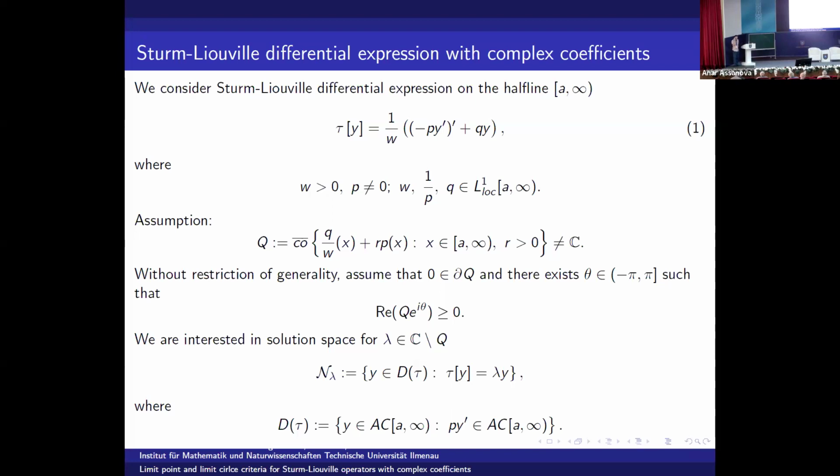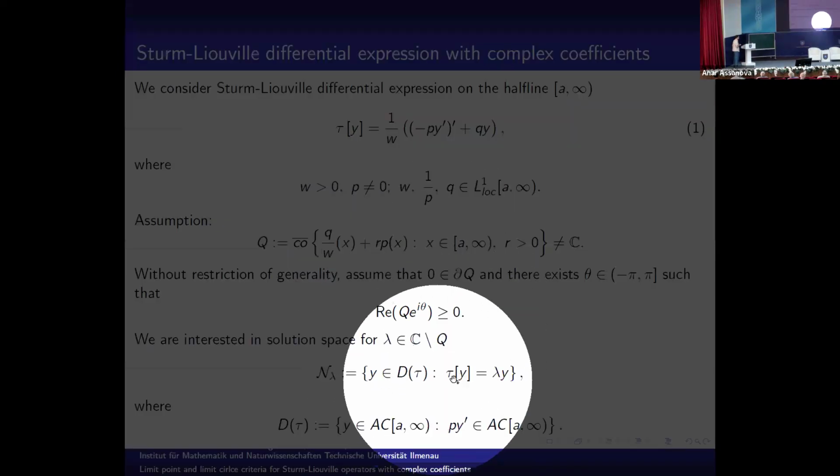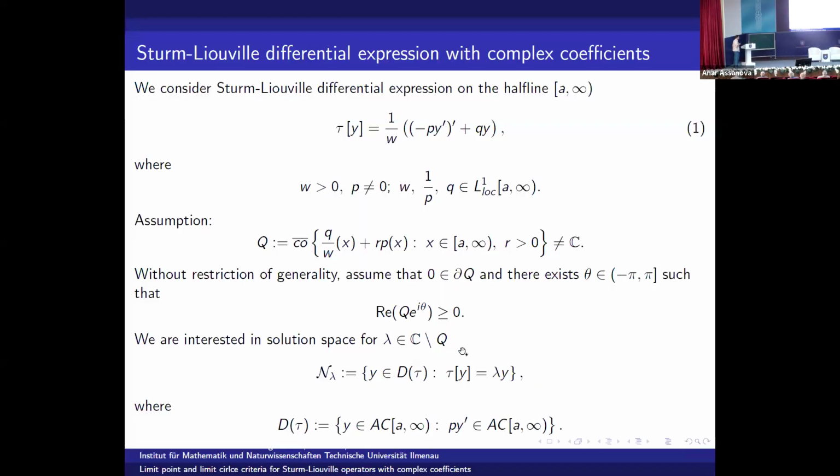We are interested in the study of the solution space of the homogeneous equation. This will be helpful in many questions of spectral theory. First of all, deficiency indices of our operator, resolvent, and so on.